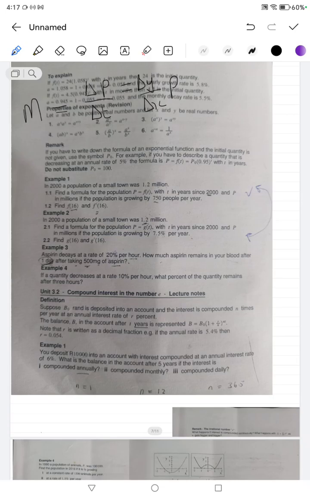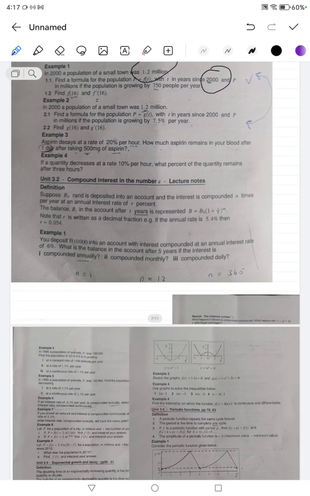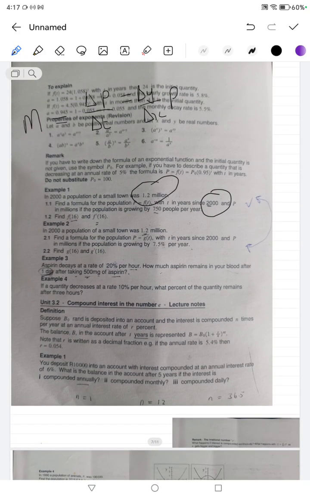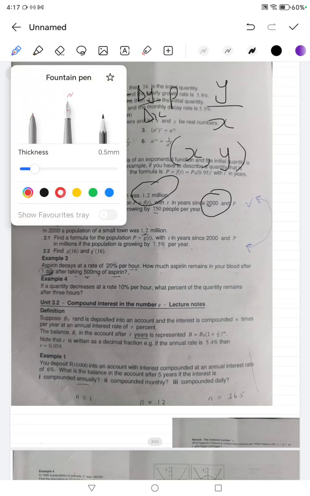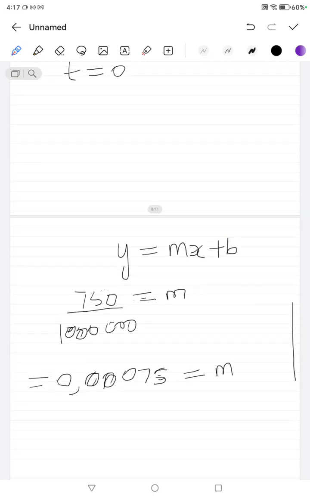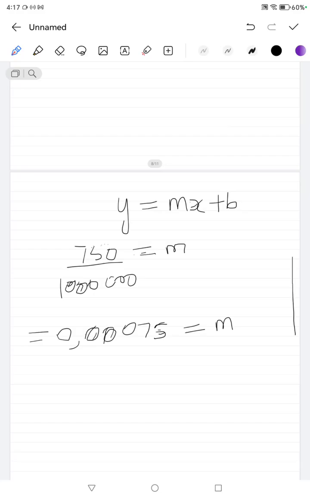They give us our t of 0, which is the reference here, and also this 1.2 that you see this side. So remember at the top we have y over x, and if we have a point, we're supposed to have an x and y. So our x is going to be a 0, which is that reference here. Then our y this side is going to be 1.2. So I said we're going to have what?